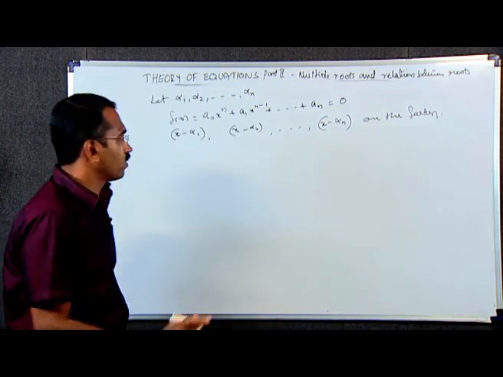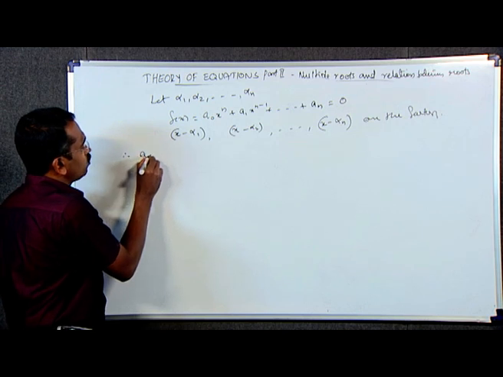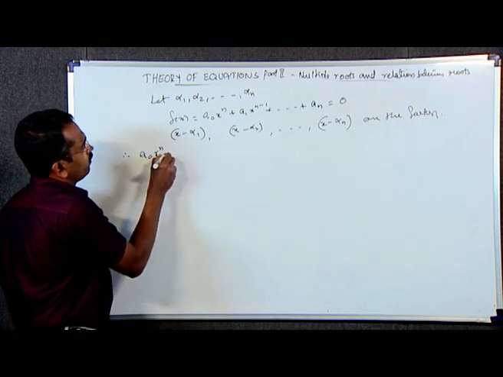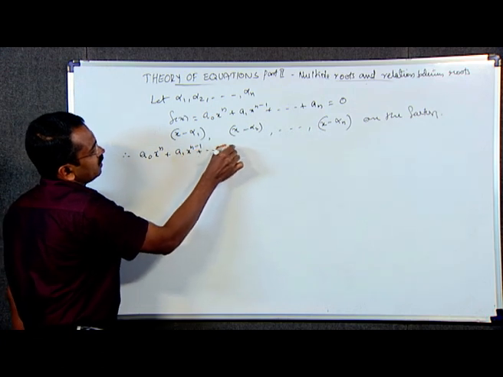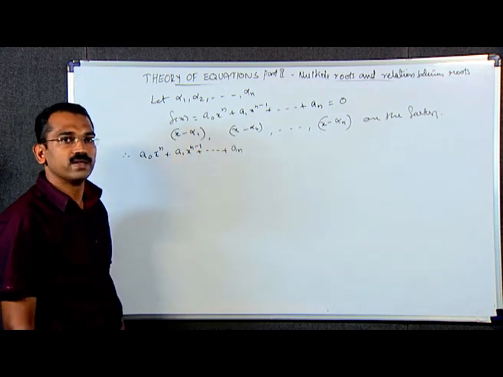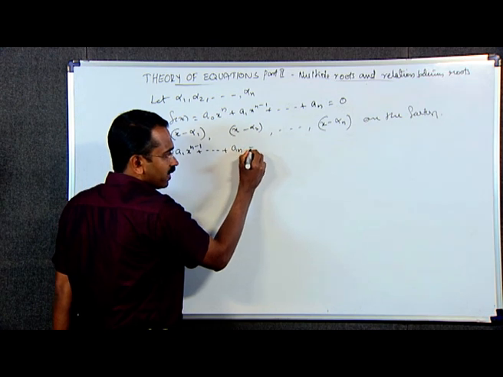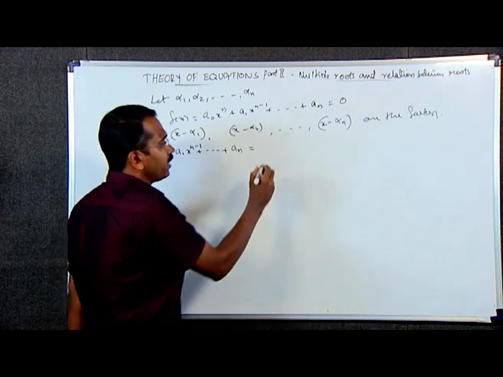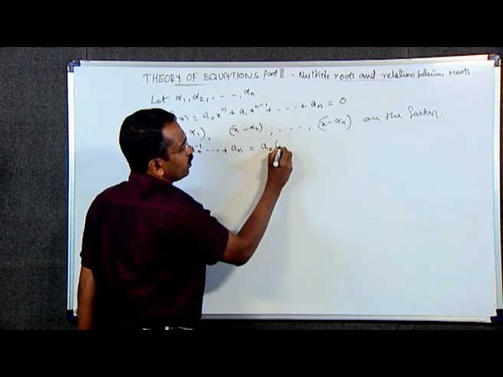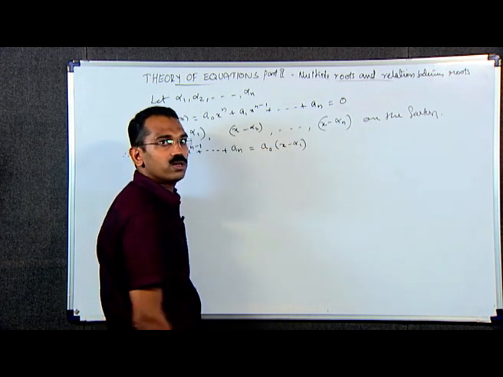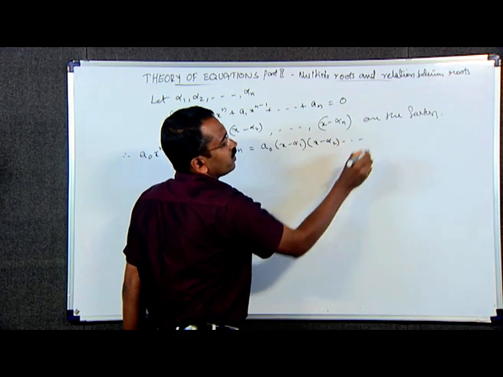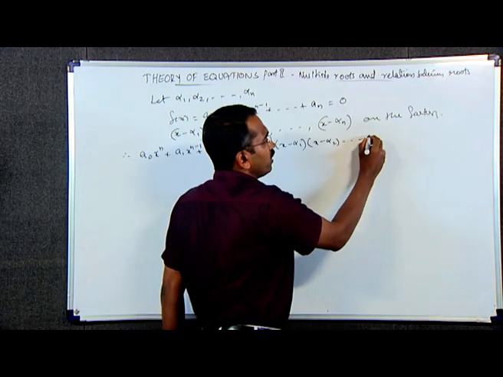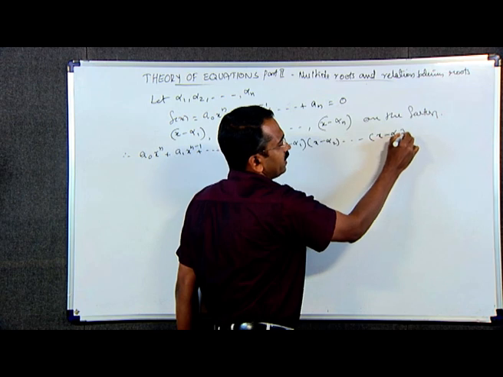Therefore, a naught x raised to n plus a 1 x raised to n minus 1 plus etc. plus a n can be written as a naught into x minus alpha 1 into x minus alpha 2 into etc. into x minus alpha n.